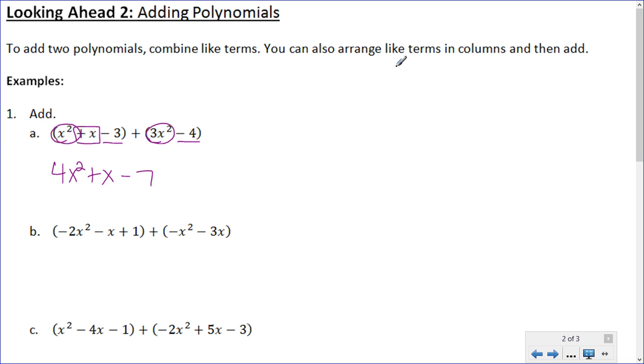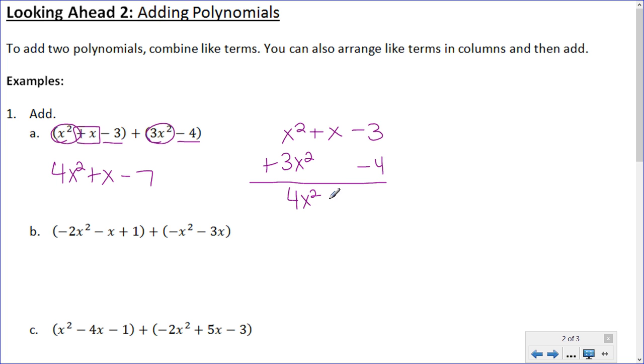Now if you wanted to arrange these in columns, you'd start with the first one, x squared plus x minus 3. And then we want to add to that 3x squared. So we'd put the 3x squared underneath the x squared since they're like terms. And then the minus 4 underneath the minus 3. So now when we add, we can just add straight down. 1 and 3 is 4x squared.